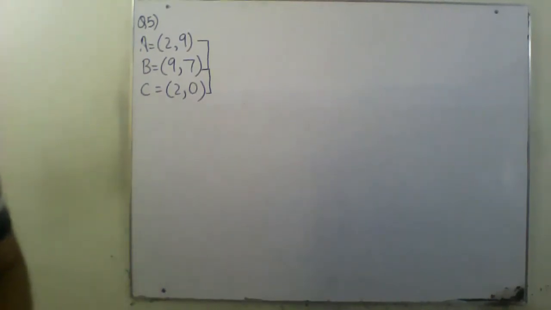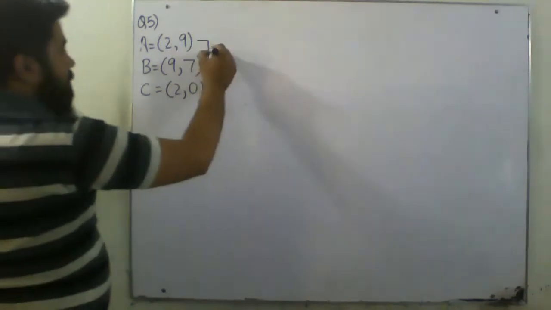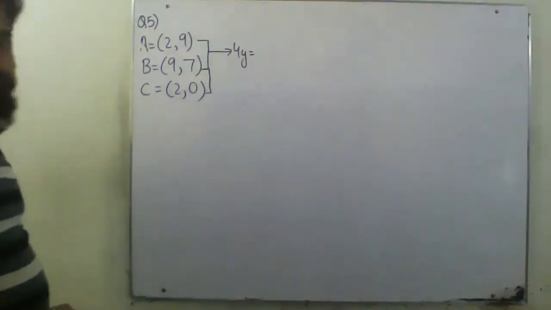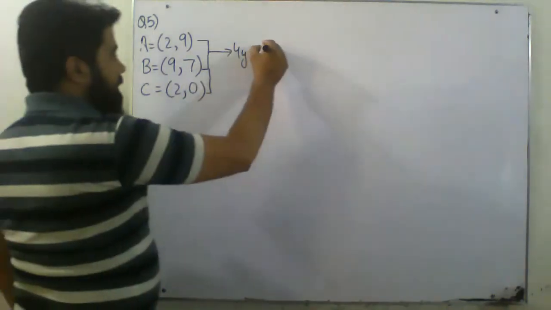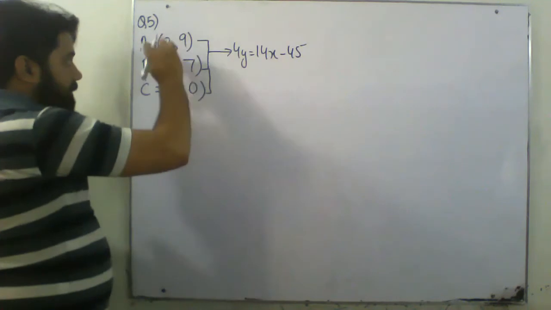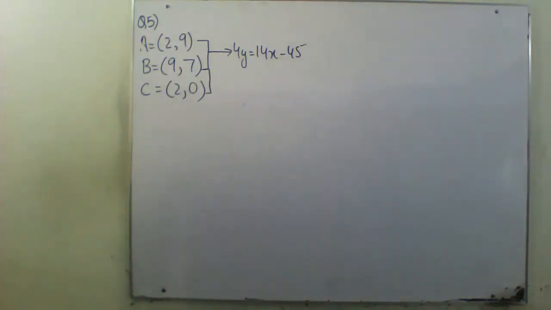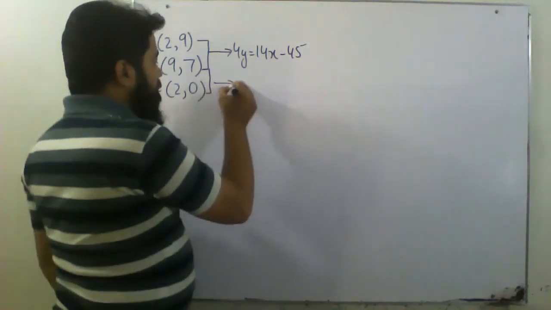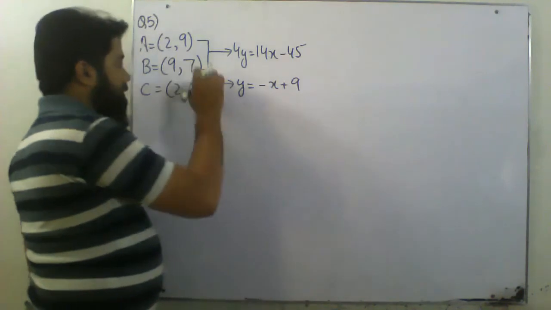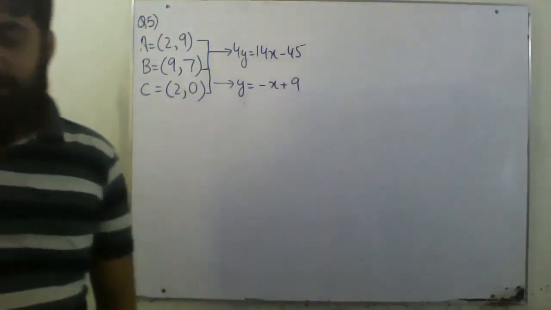So now we have got the equations. 4y equals 14x minus 45. That was the perpendicular bisector of AB. And then I have got y equals minus x plus 9. That was the equation of the perpendicular bisector of BC.